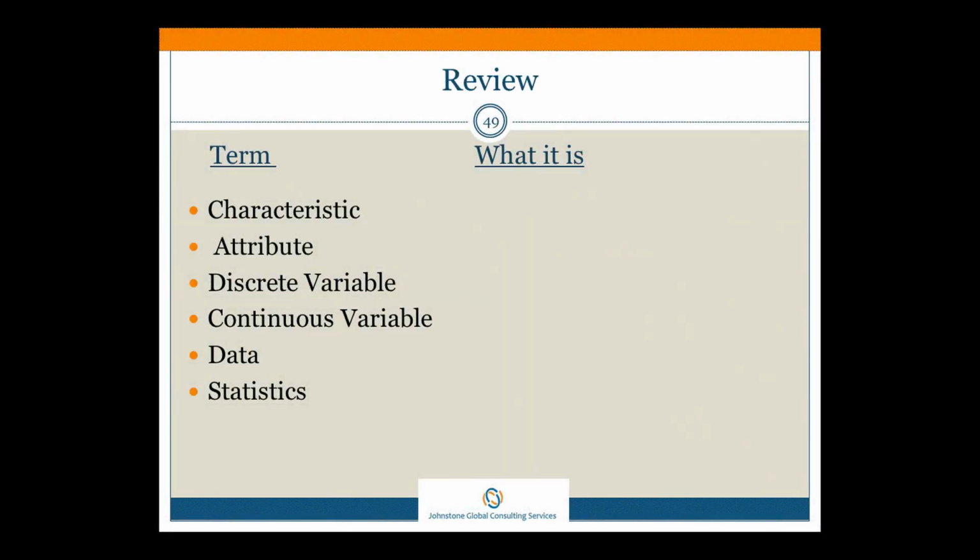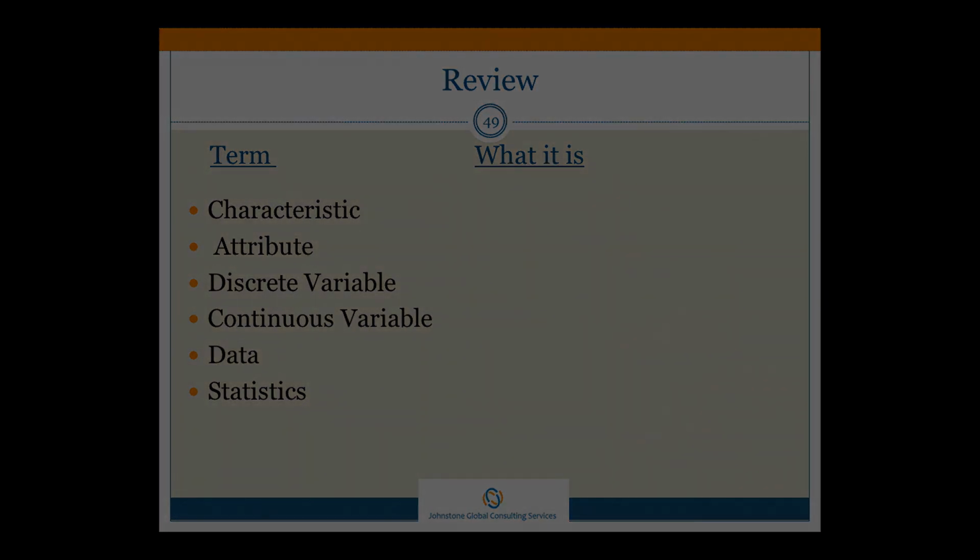A characteristic is something that describes the product. An attribute is something that the product has or does not have. A discrete variable can only be a whole number, while a continuous variable can be any real number. Data is a number that could be a measurement, a count, or a ratio. Statistics are numbers that describe a sample.